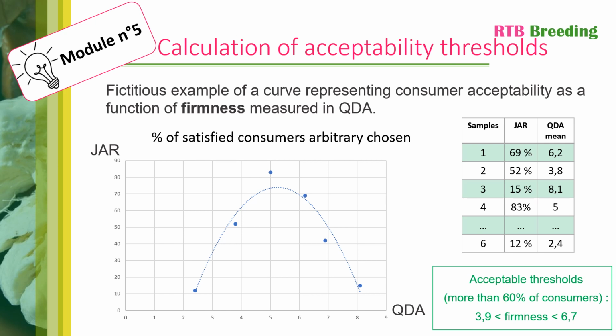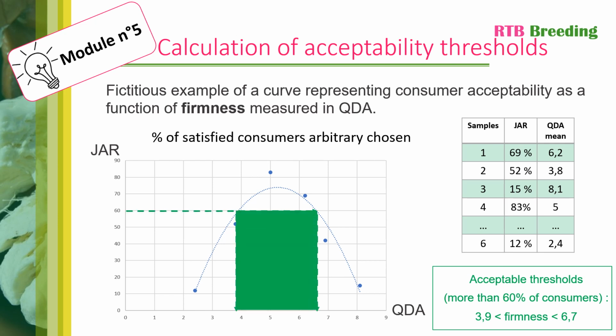We arbitrarily decide that to calculate the acceptability thresholds, 60% of the population must be satisfied. From the curve, we see in green that for 60% of the population to be satisfied, the intensity of firmness in the product must be between 3.9 and 6.7 on a scale from 0 to 10.